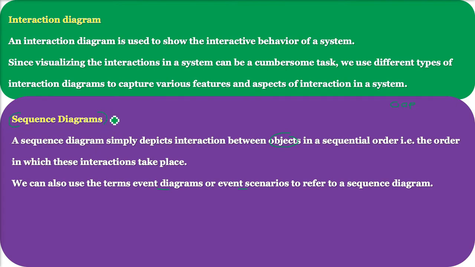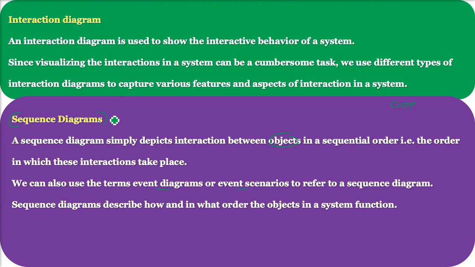Sequence diagram describes how and in what order the objects in a system function, or how they function in a particular order. So we are talking about objects. Again, we are talking about classes. The objects are going to call functions. This is how things happen.